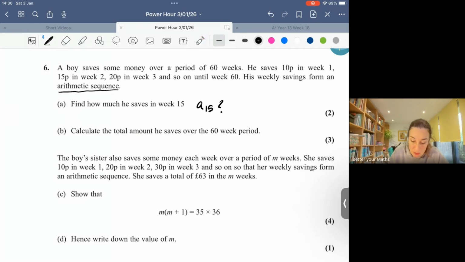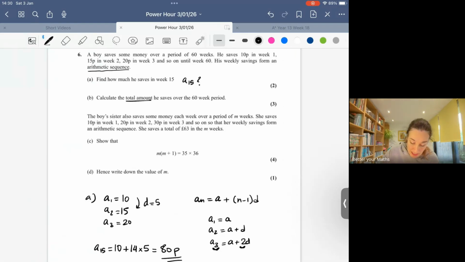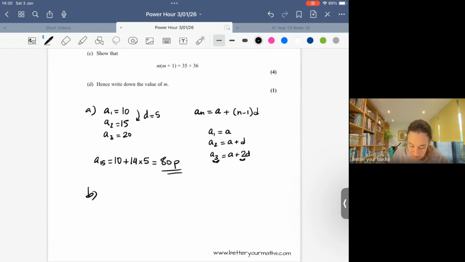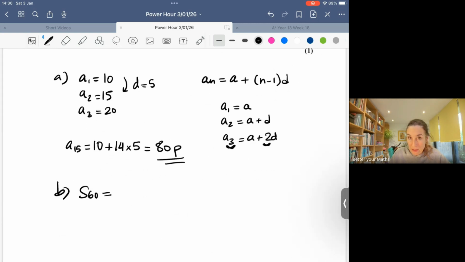So they say the total amount. They are going to say up to, or the total amount. So please be careful with your wording. S60, we have a formula, it's in the formula booklets. So S60 is going to be n divided by 2, so 60 divided by 2, brackets 2 times the first term, which is 10, plus n minus 1, so 59 times the common difference, that was 5.